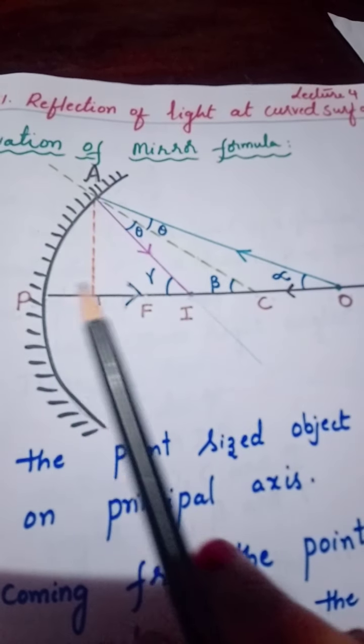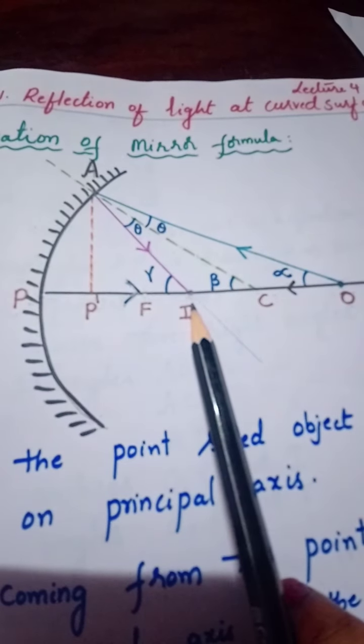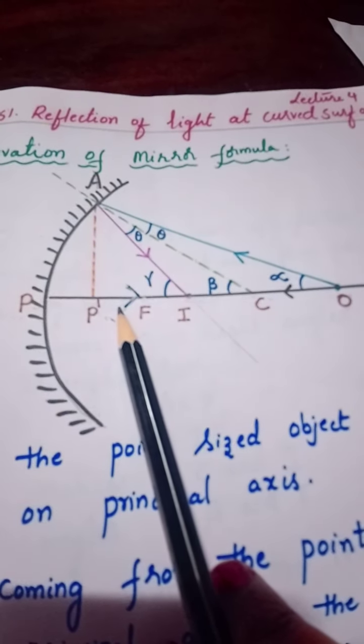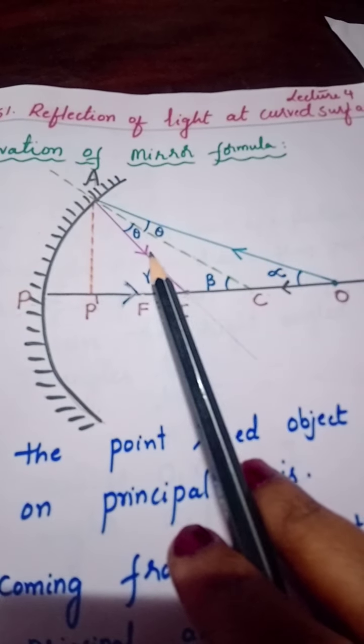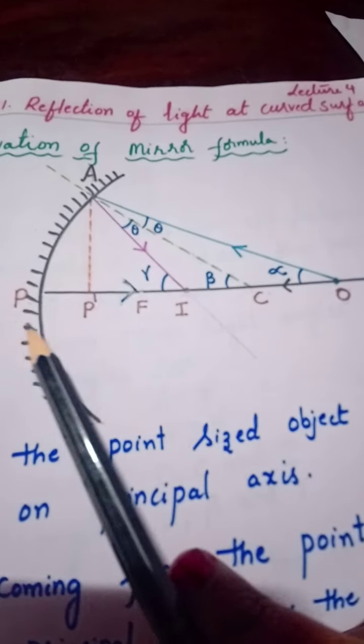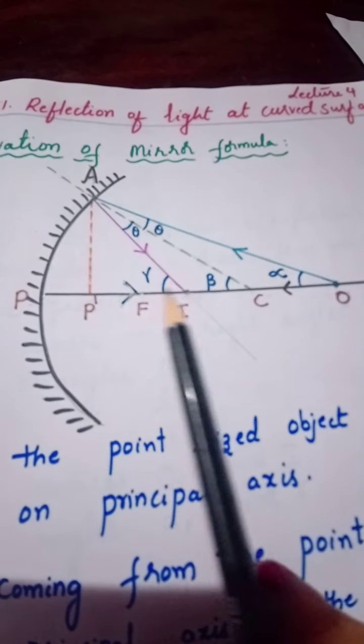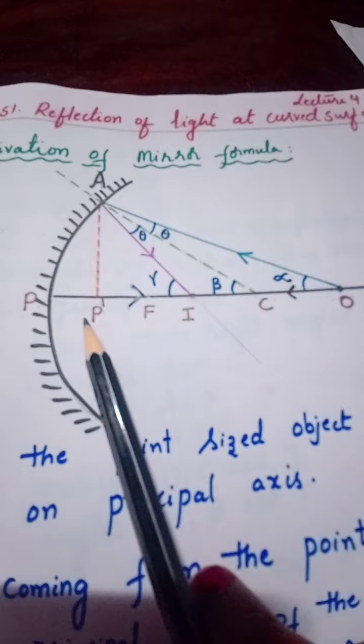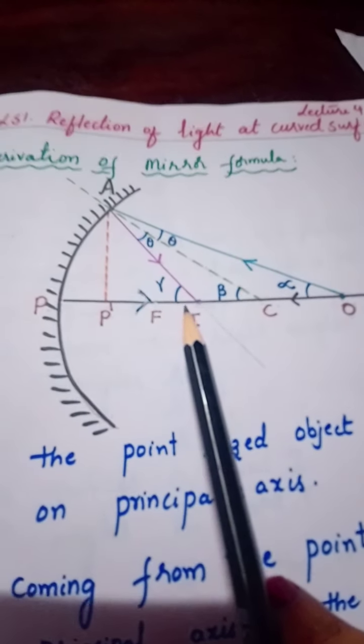Pole to image is the image distance, and is it positive or negative? Negative. Why? Because the incident ray direction is from right to left, but for PI, the image distance, it is from left to right. Both are opposite to each other. That's why PI is negative, so it is minus V.